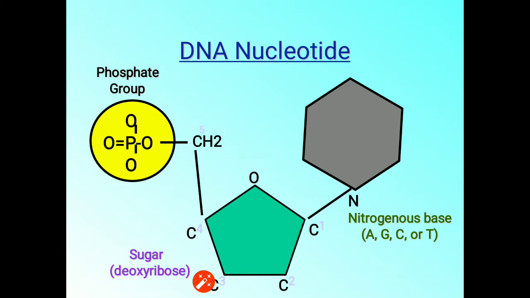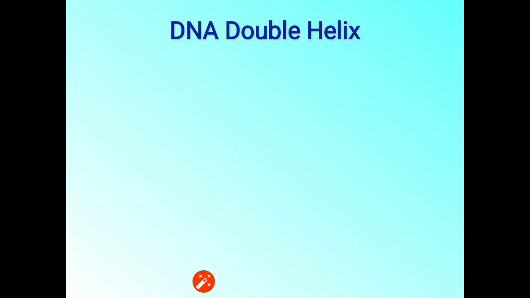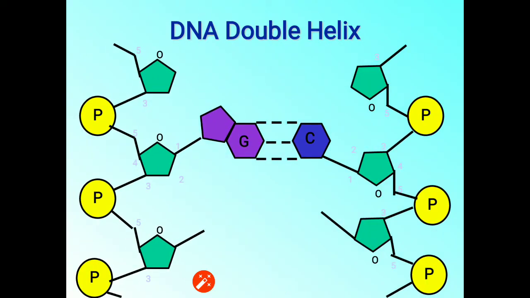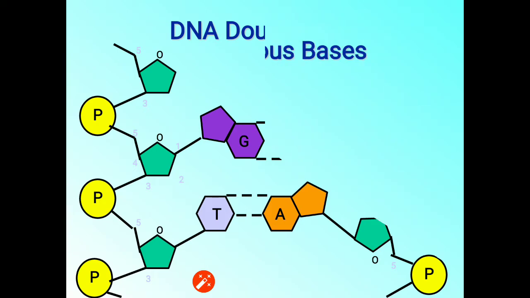That means the base and the sugar will form the nucleoside and the base, sugar and phosphate group will form the nucleotide. This is the molecular structure of DNA, showing that adenine and thymine are held together with the help of 2 hydrogen bonds and guanine and cytosine with the help of 3 hydrogen bonds.